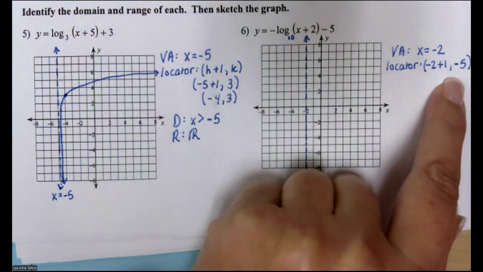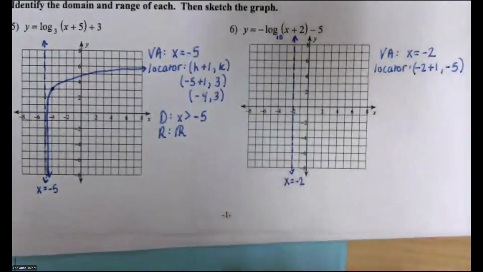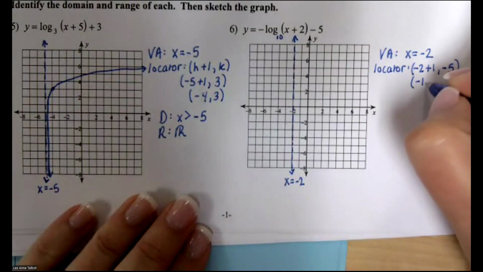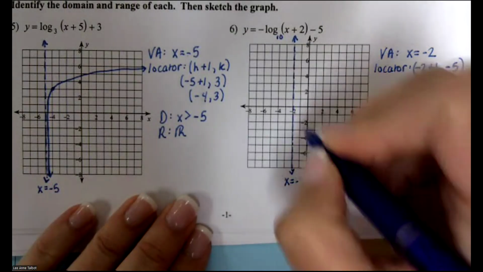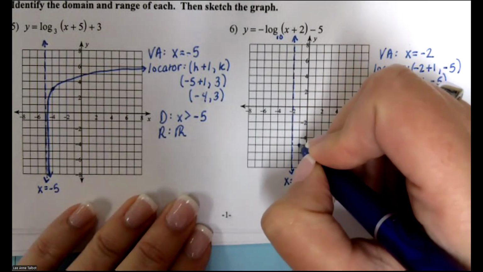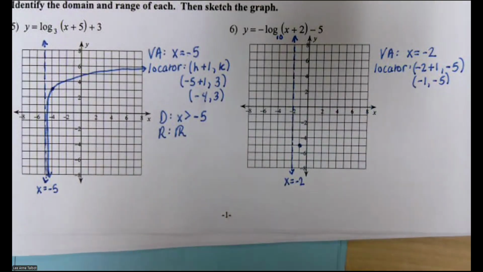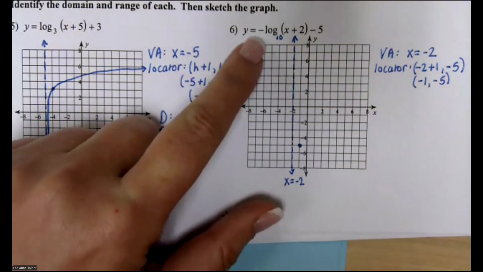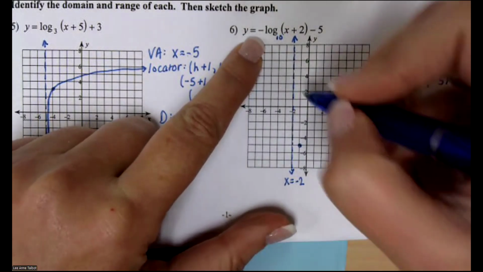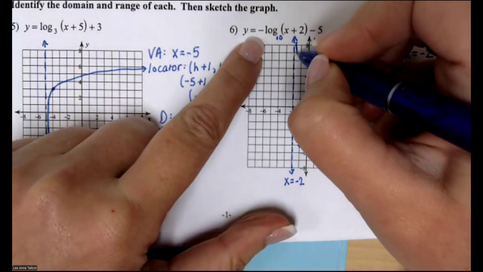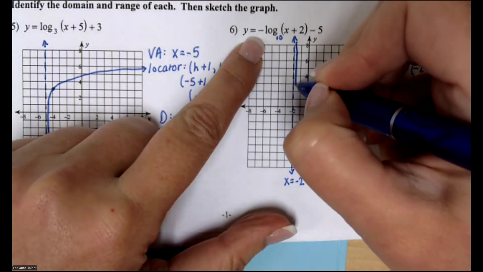So h plus 1 comma k, -1, -5. Okay, now this one is a negative log. Yep, so it comes down the asymptote instead.